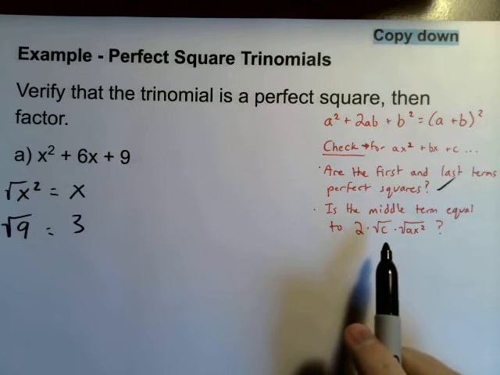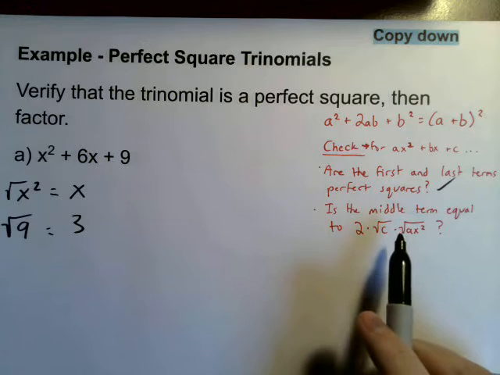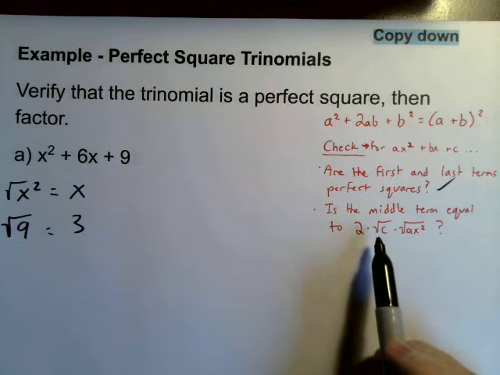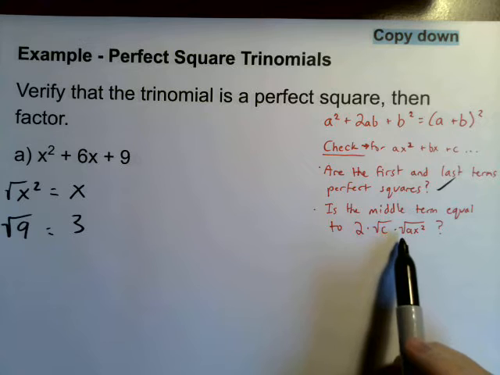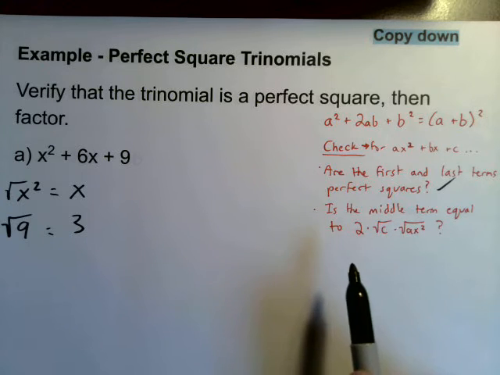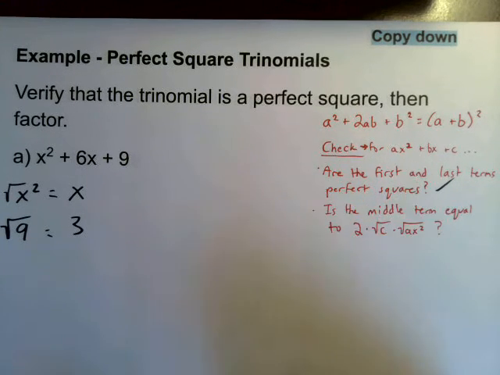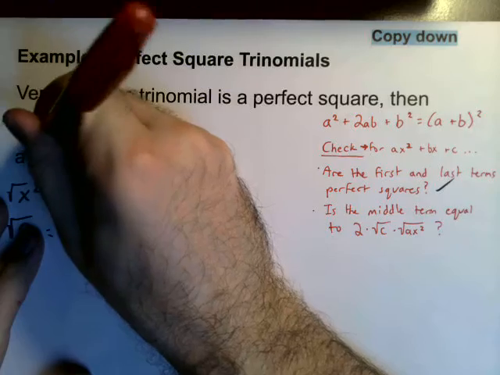The second thing we have to look at is, is the middle term equal to 2 times the square root of c times the square root of ax squared? Remembering that this is the general format of quadratic expressions, specifically trinomials.